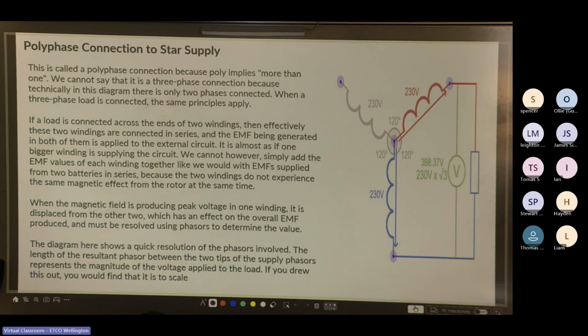So by phasor, we're talking about the triangle diagram. The diagram here shows a quick resolution of the phasors involved. The length of the resultant phasor between the two tips of the supply phasors represents the magnitude of the voltage applied to the load. If you drew this out, you would find that it is to scale.